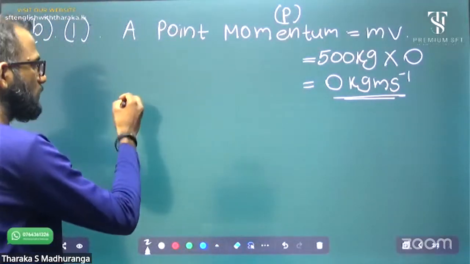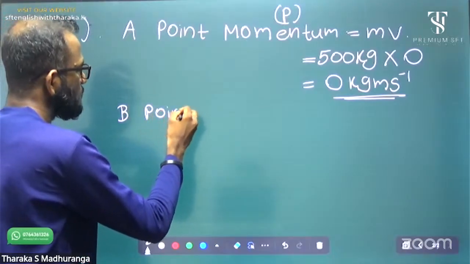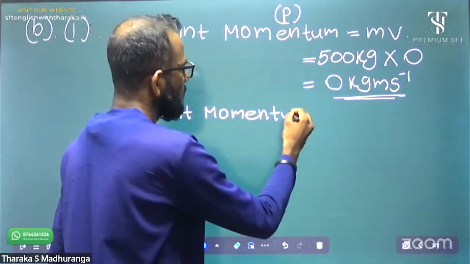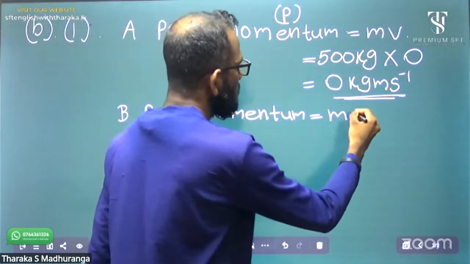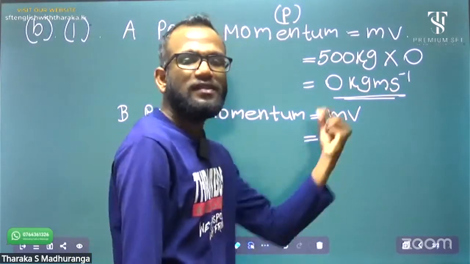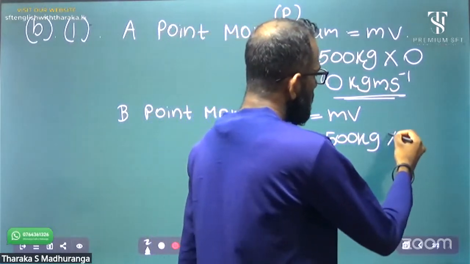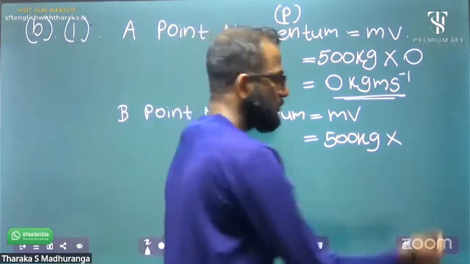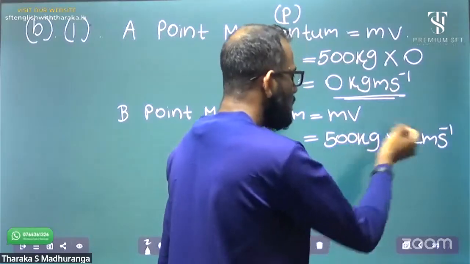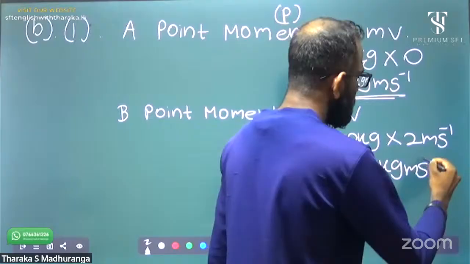Okay, the same question again asking for the B point, the final point. B point momentum. It is mv. What is the mass? Same mass because same object. 500 kilograms. B point velocity 2 m s^-1. 500 into 2 is 1000 kg m s^-1.